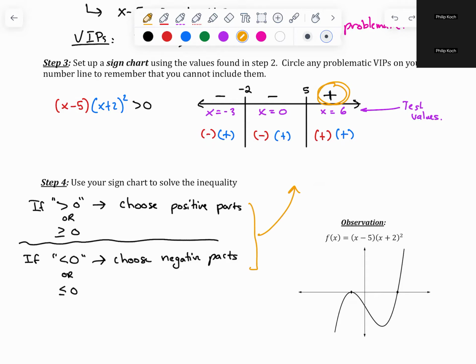What happens if we plug in -2 and or 5 into the expression? Then it becomes 0 is greater than 0, which doesn't make any sense. And that brings up a good point.